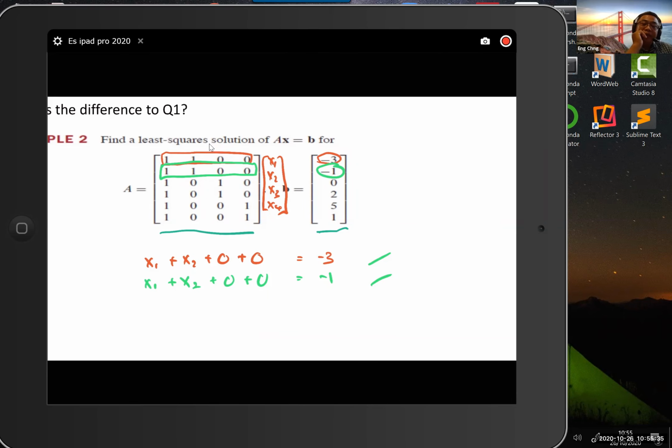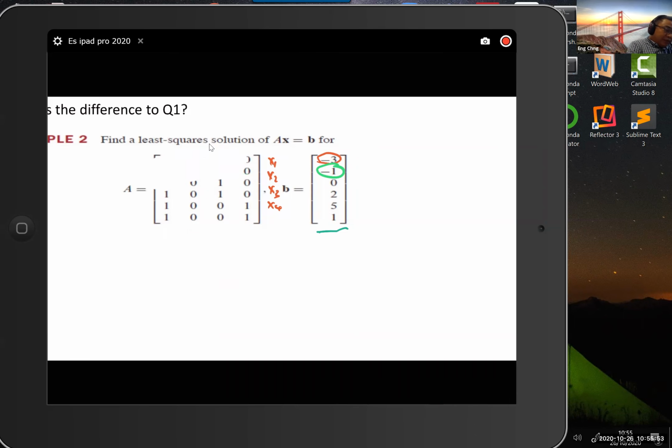All right, so the least square solution must be used because there is no x that will satisfy all these, how many? 6 equations. All right, so that's the first thing. We notice that the rows are dependent. See?